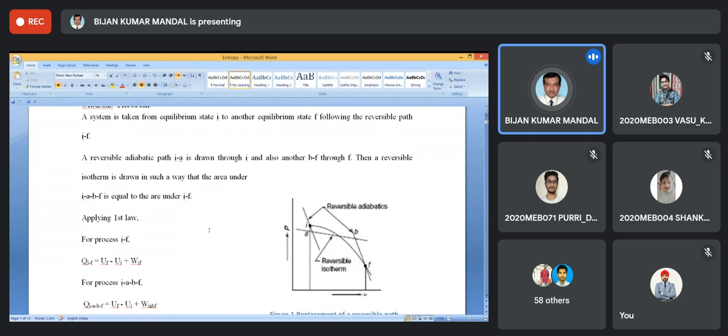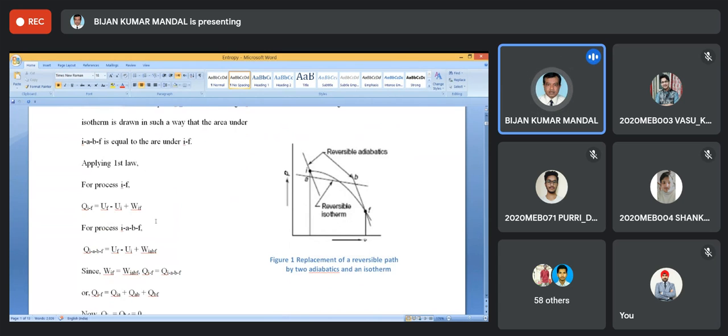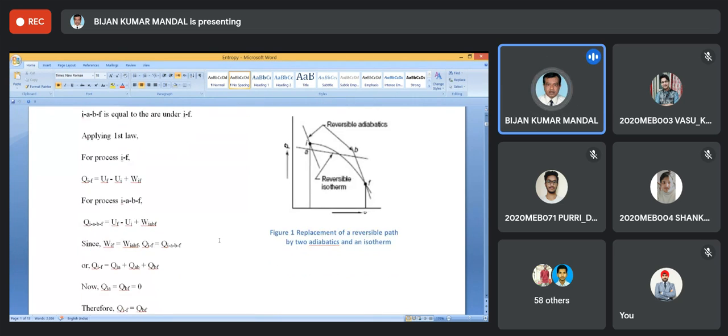So when we replace the process IF by the combination IABF, the area remains the same, which means the work done remains the same. Now if we apply the first law for the original process I to F, the heat transfer Q is equal to delta U plus W. That is the first law for a non-flow process.